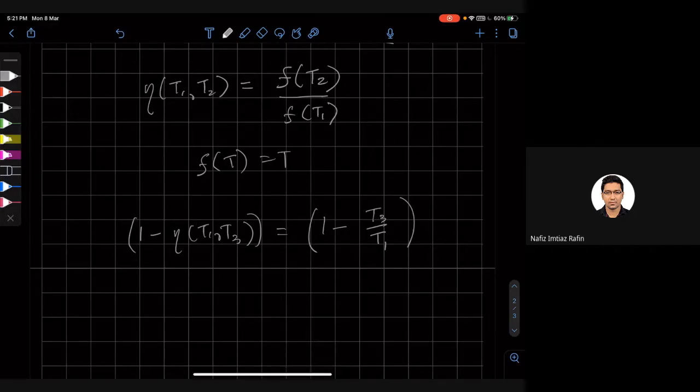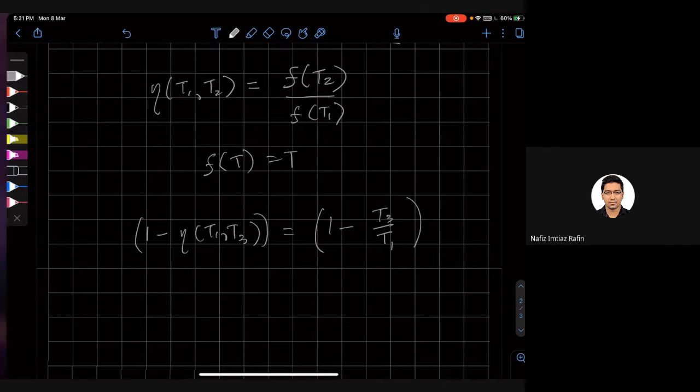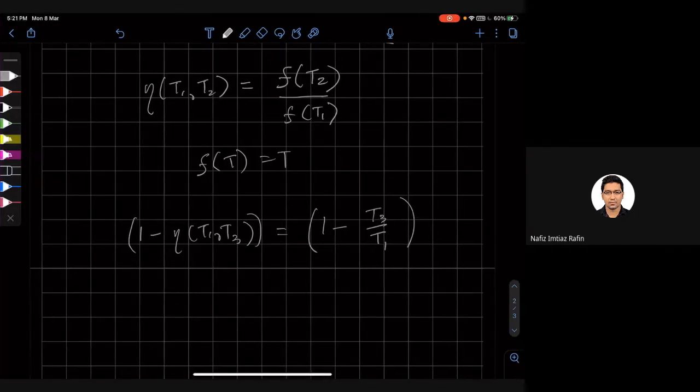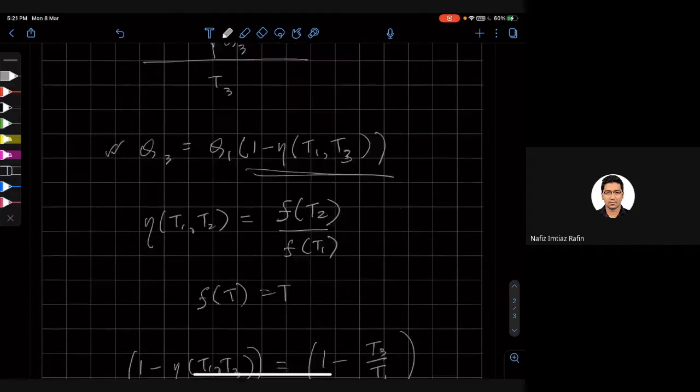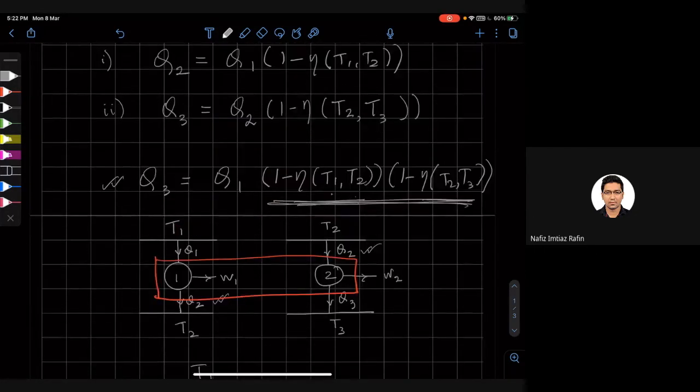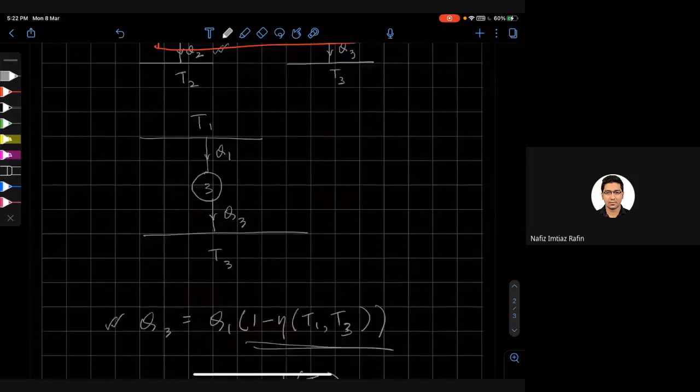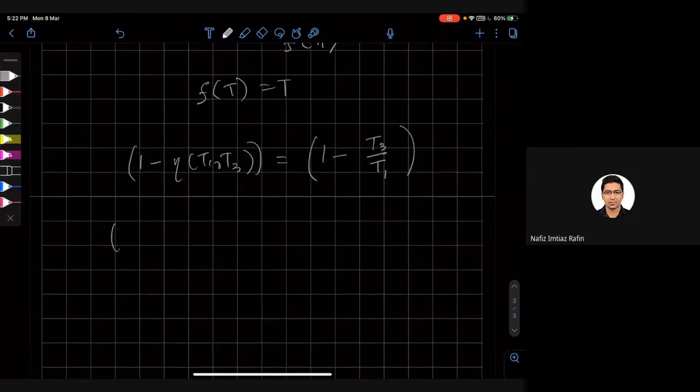And then on the other hand, the other guy over here is this thing, then that is going to be 1 minus eta, this should be, say, T2 by T1, right?